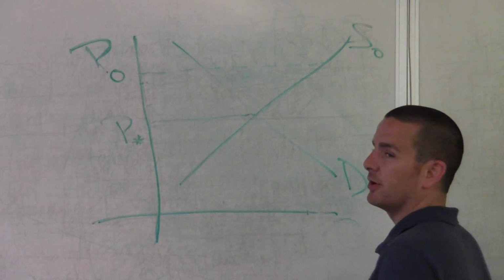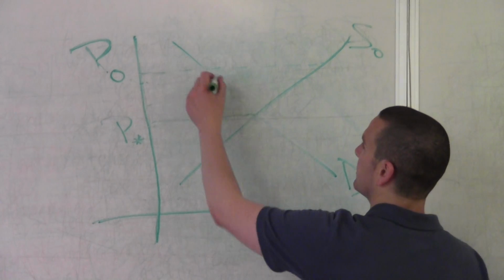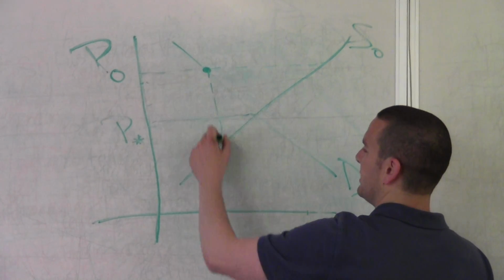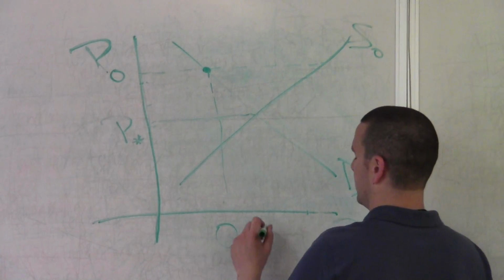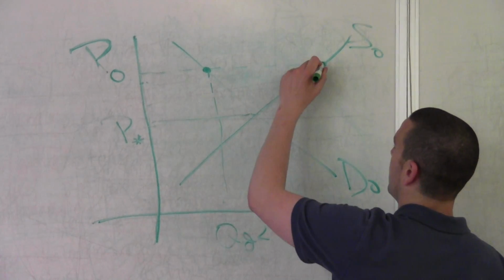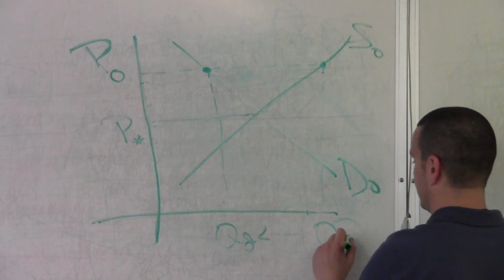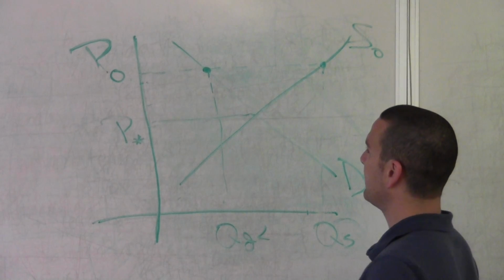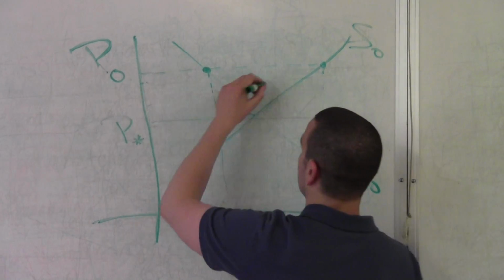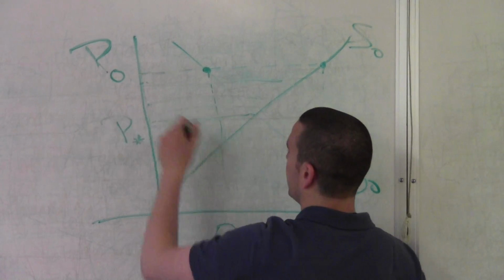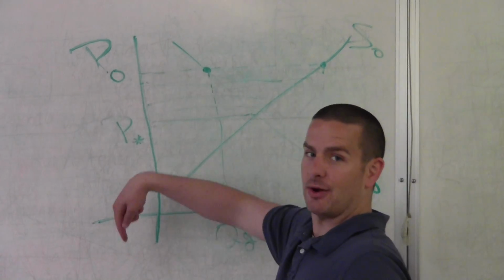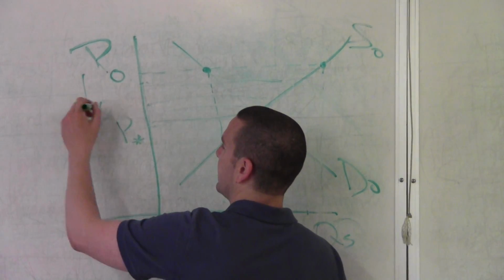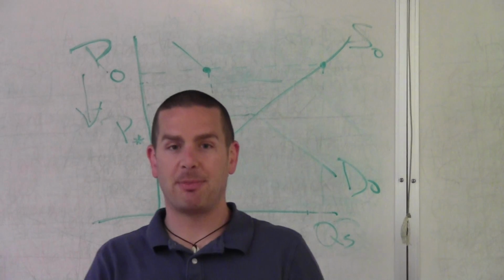So if we have a surplus in which the quantity demanded is less than the quantity supplied, then the price will keep falling until the market clears. Why will that happen?